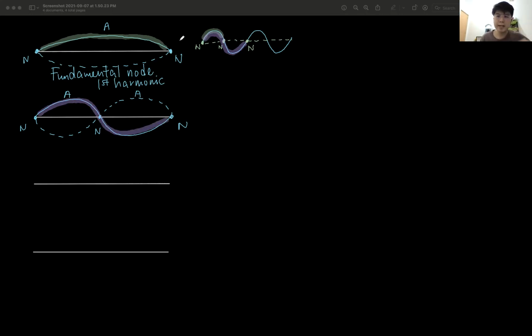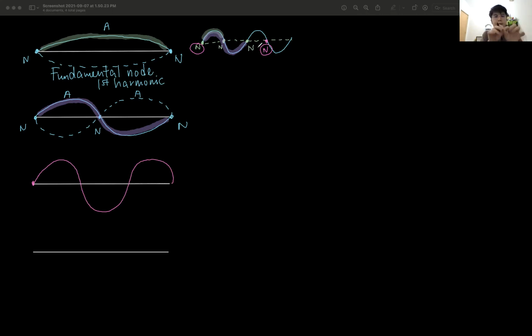Okay, so then you can guess the third one already. The third one, that means you go to the next node, which is this one. And how many waves are there between the first one and this one? Like this, like this, so you draw this one, this, and then 1.5, right? 1.5 waves between this node and this node.